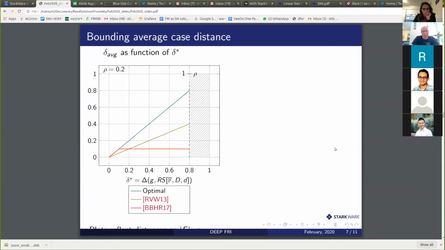And then this work that presented the FRI protocol, we showed that at least for some range, your rejection probability is as large as your proximity parameter, as your distance from the code. But then it sort of stops. And these are the numbers actually for the rate 0.2.